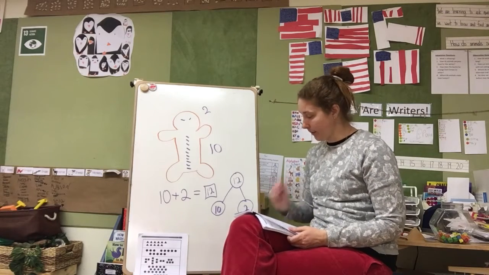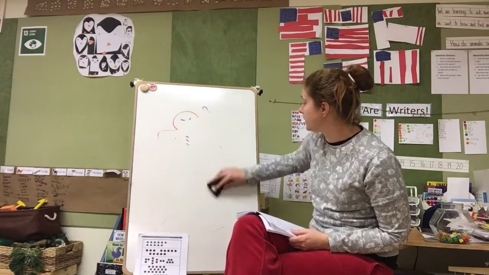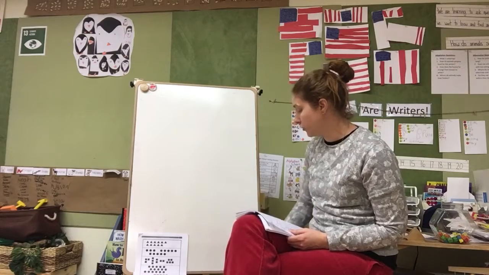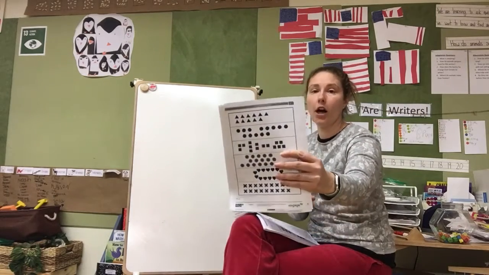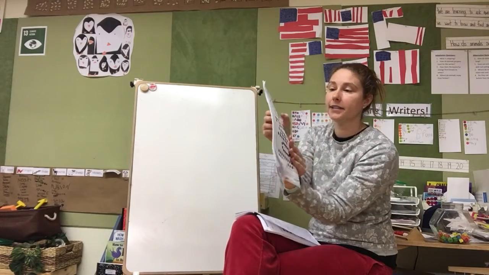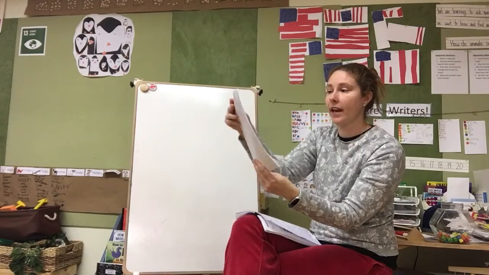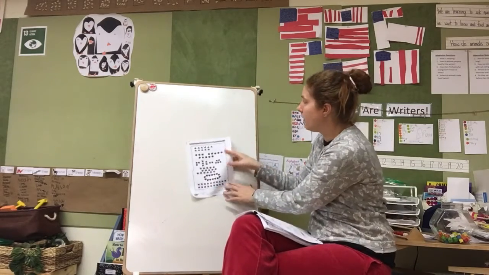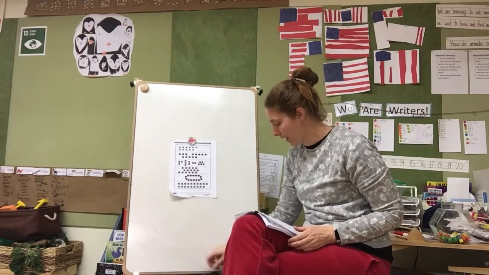Okay, awesome. Now it's time for our template page. As I told you, sometimes in the math video, I will do a template math page with you. So grab your first page off the template packet, and it says Lesson 3 Template, page 45, and it has a bunch of shapes on it. I ripped off the first one. I'm going to hang it on our board, and I'm going to use a red marker.